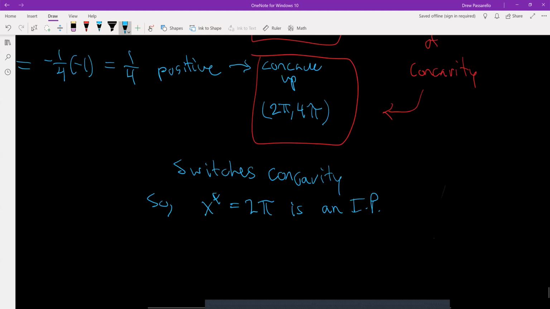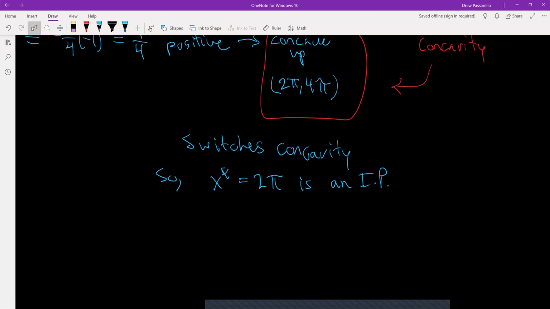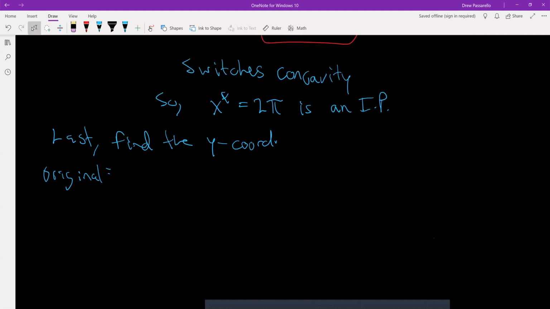Now the last thing we need to do is just find the y coordinate that goes with this inflection point. We always have to use the original function. So back at the very beginning of the question, the original function is f of x equal to sine of x over 2.